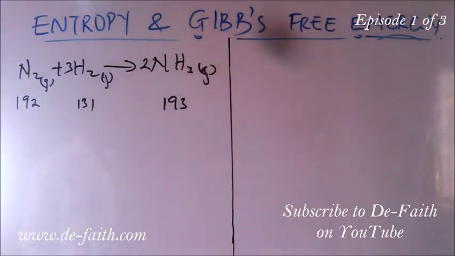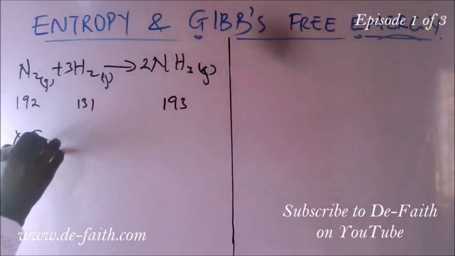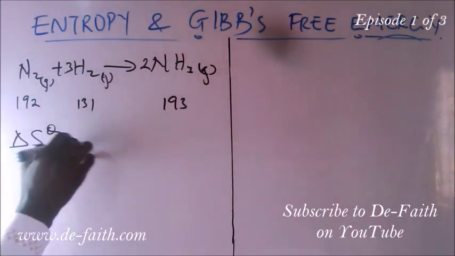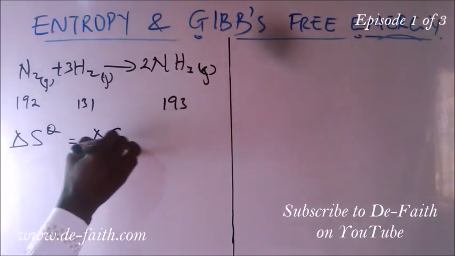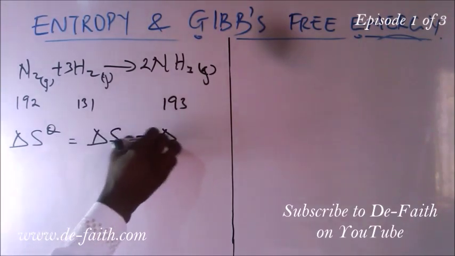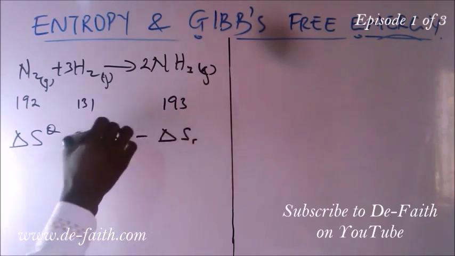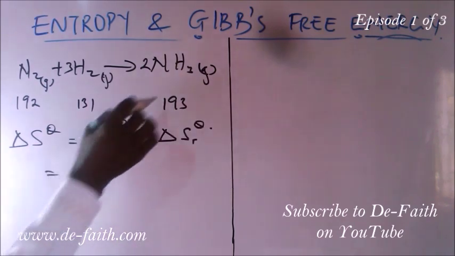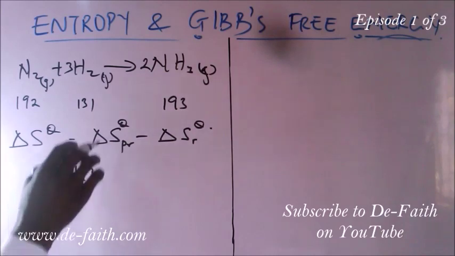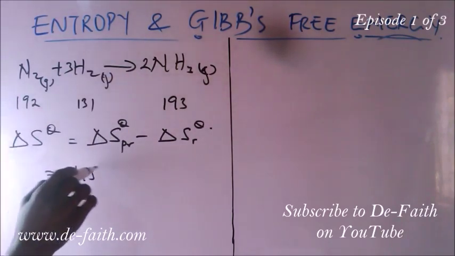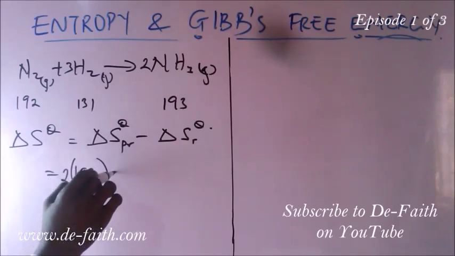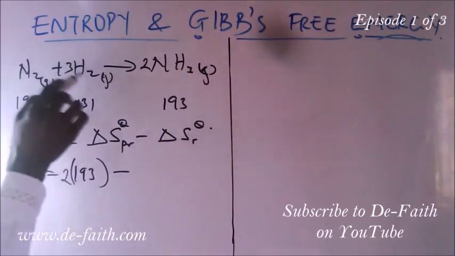To find the standard entropy change for the reaction, the standard entropy change is equal to the entropy of the products minus the entropy of the reactants. For the products, we have 193 per mole, but here we have 2 moles, so we multiply by 2. Then minus the reactants.